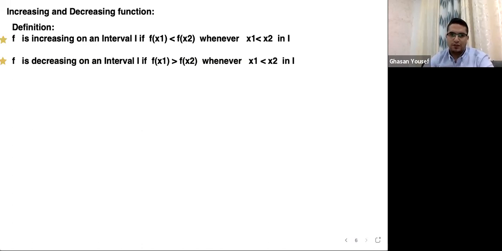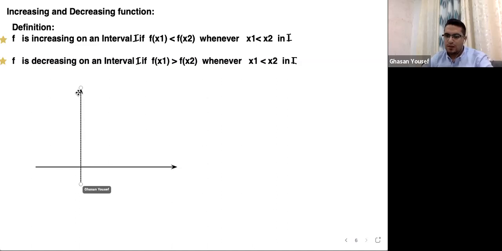I'm going to graph two functions to explain more how we can see the increasing and decreasing function. So for the first one, suppose my function looks like this. The interval is open. Should be an open interval.